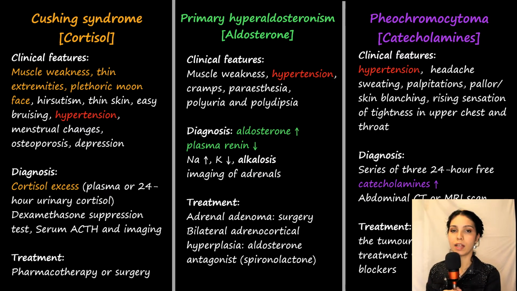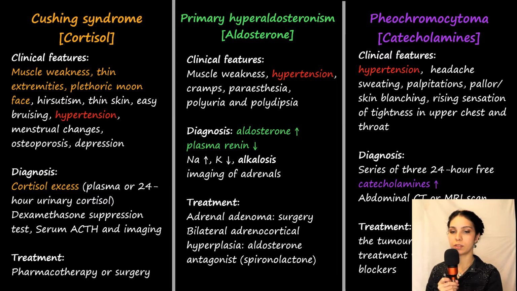Diagnosis: aldosterone will be high, serum and urine, plasma renin low, and hypernatremia, hypokalemia, and alkalosis. There is an elevated plasma aldosterone to plasma renin activity ratio, it will be more than 20, and the increased aldosterone levels act via negative feedback to decrease renin levels.